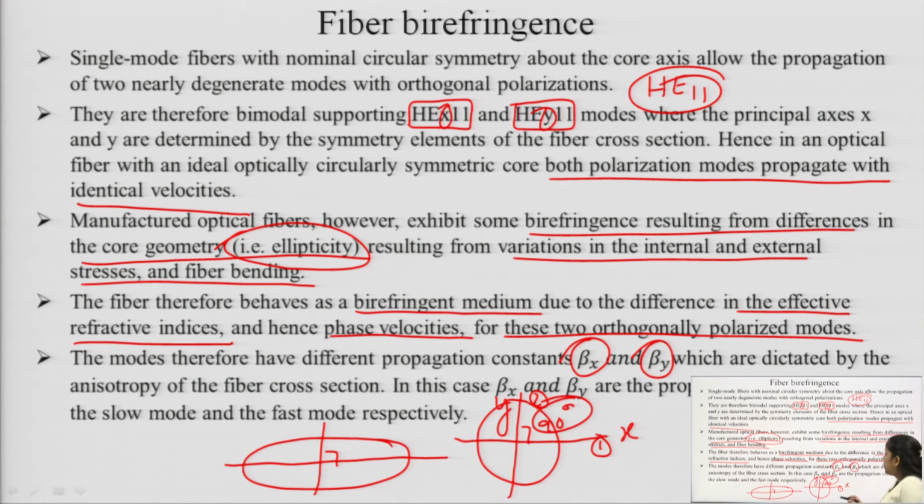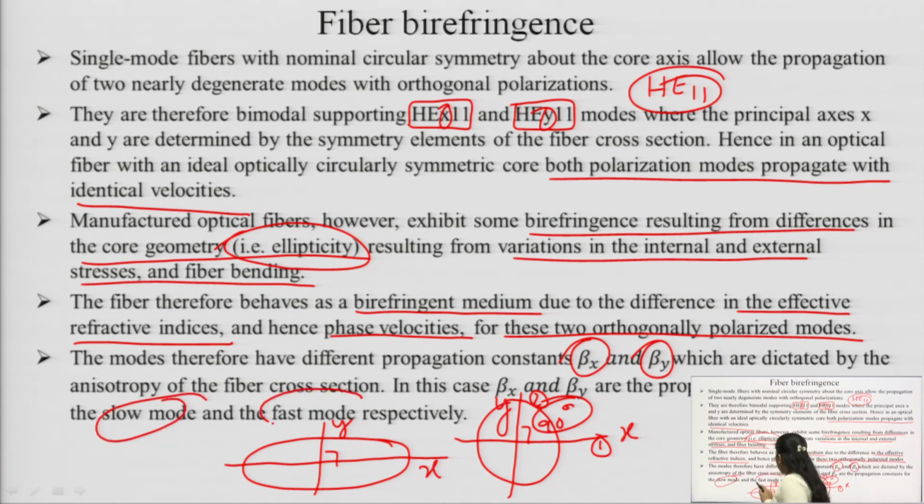You can easily say beta x has to travel the largest distance, so it is called the slow mode. Beta y, in the y axis, has to travel the shortest distance, that is why it is called the fast mode.